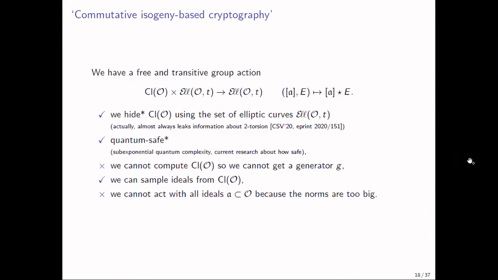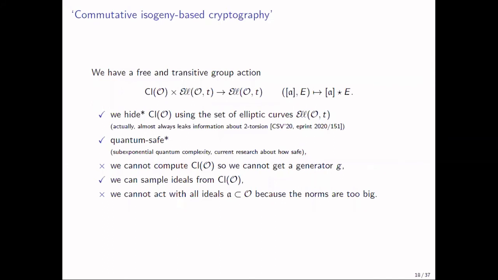Okay, but there are some things that will not work. We can't really compute a class group if the class group is very big. If you've seen the previous talk, there are some limits to what you can compute. So if you want a very large class group for lots of security, then you can't really compute the group, and so you cannot get a generator, and there may not even be a generator. But what you can do is sample ideals from the class group.